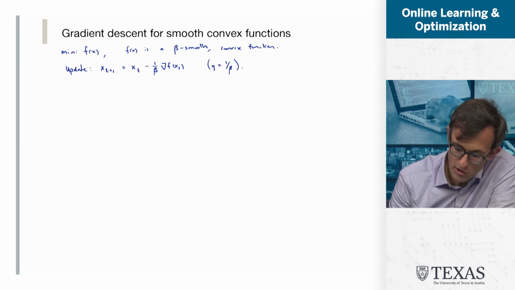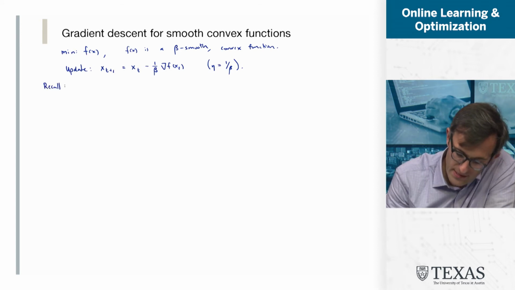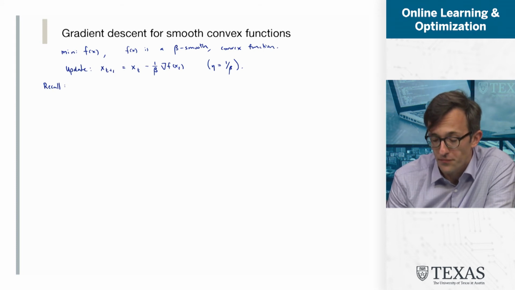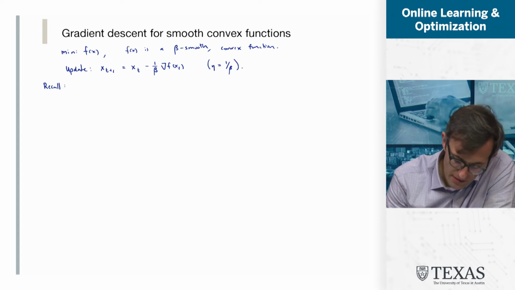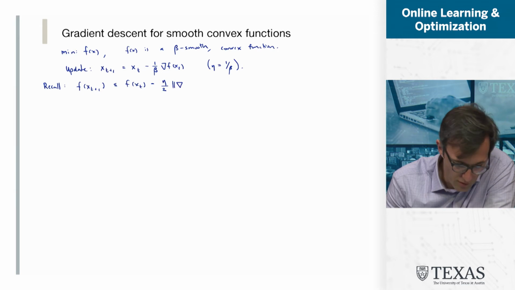Also recall that as long as eta is less than twice this value, we're guaranteed that we have a descent algorithm. So recall that for eta this size, we have f of x t plus 1 is less than or equal to f of x t minus eta over 2 times the squared norm of the gradient of f of x t.